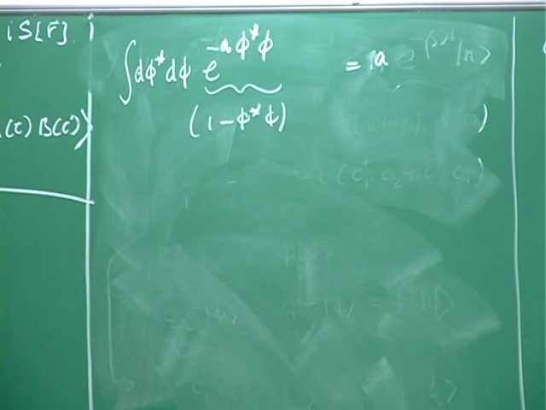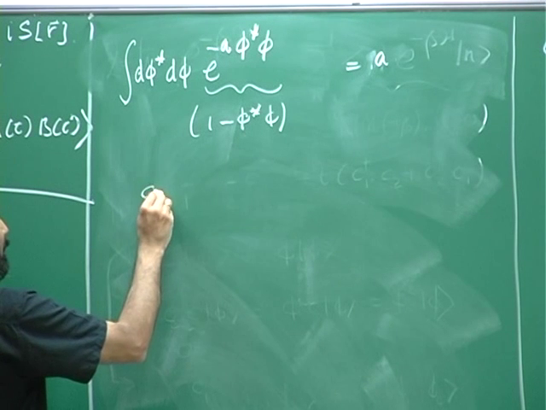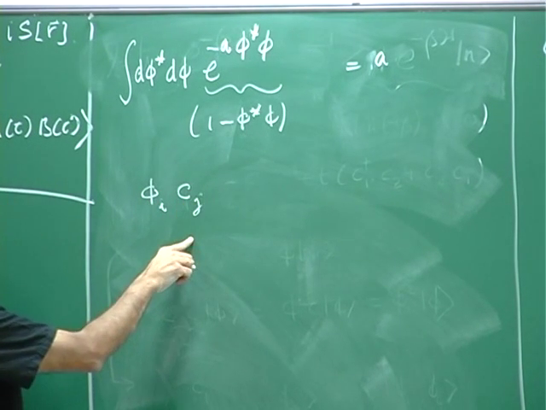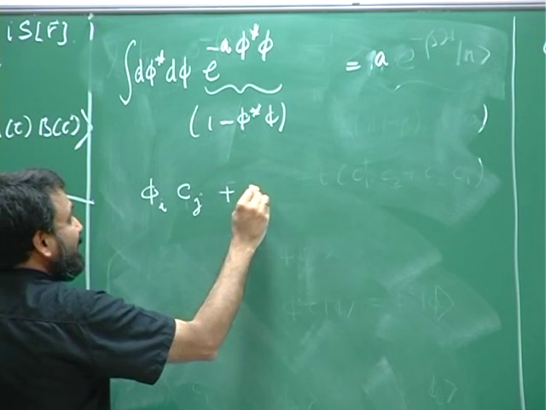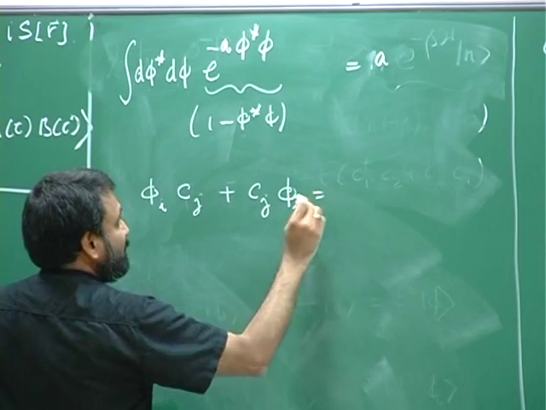Now what I'm going to do is introduce one additional property which I'm going to assume for Grassmann variables, which is that if I have some operator, say for example, I have phi i and I have c j, right? I'm going to say that it is going to anti-commute with even these guys.